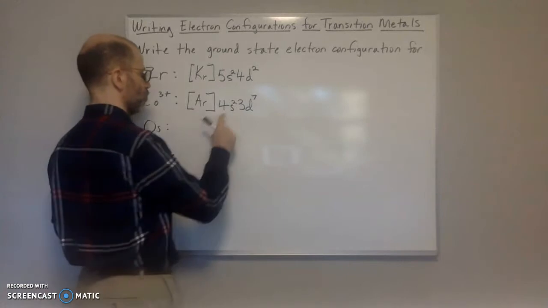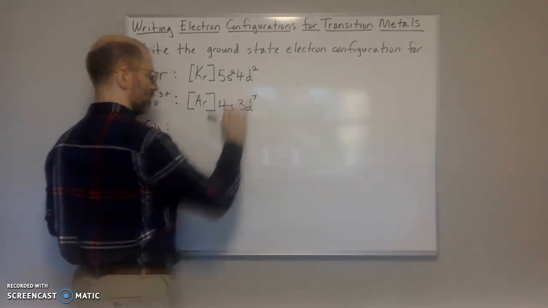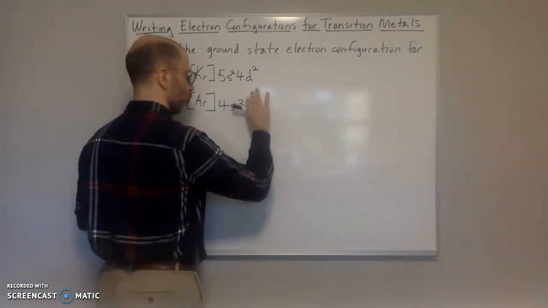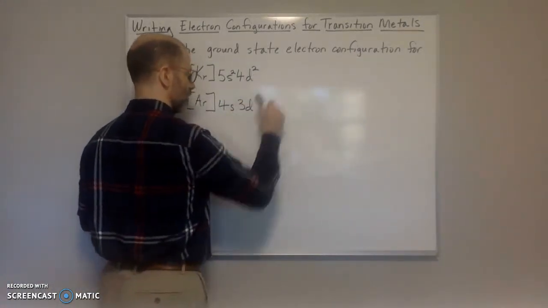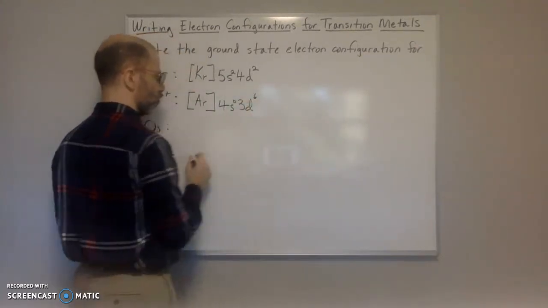We're going to remove 2 from the S, and then we've got 1 more to remove, so we're going to remove 1 from the D. That's going to give us a 6 and a 0 there.